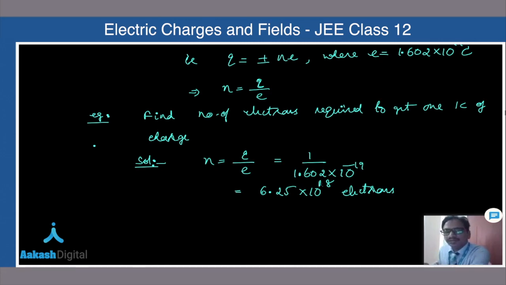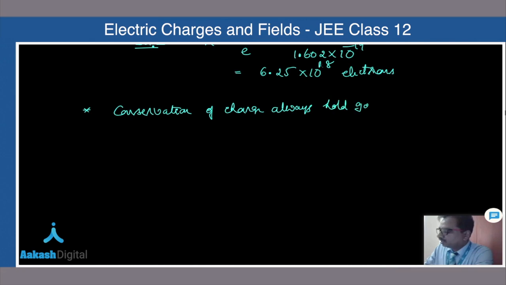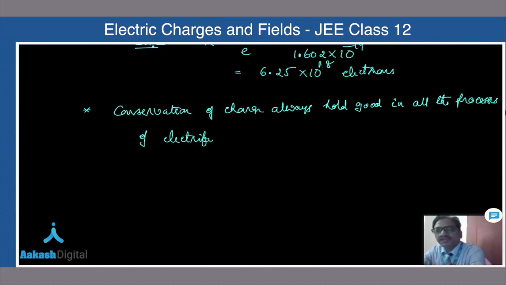See students, whenever you consider any body, due to transfer of the electrons, definitely they get a charge, and in the frictional method, conservation of charge holds good in all the processes of electrification.